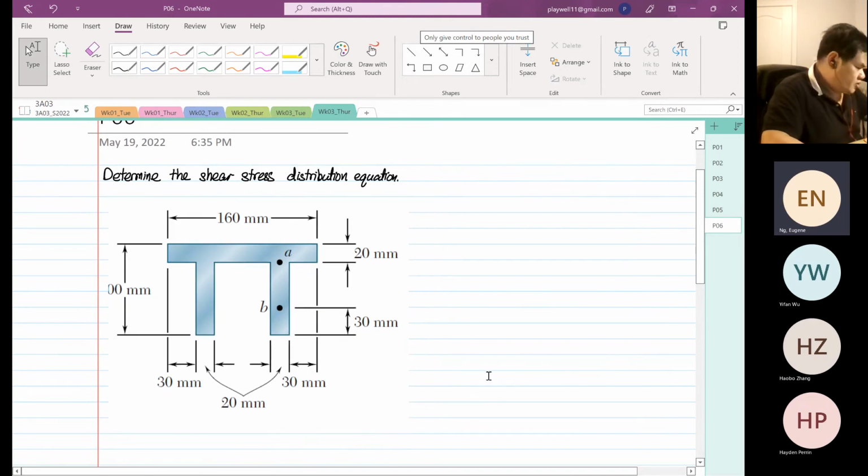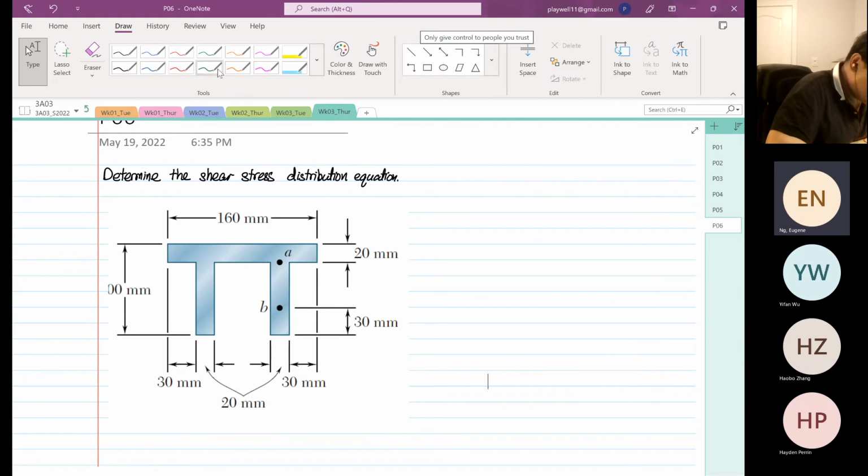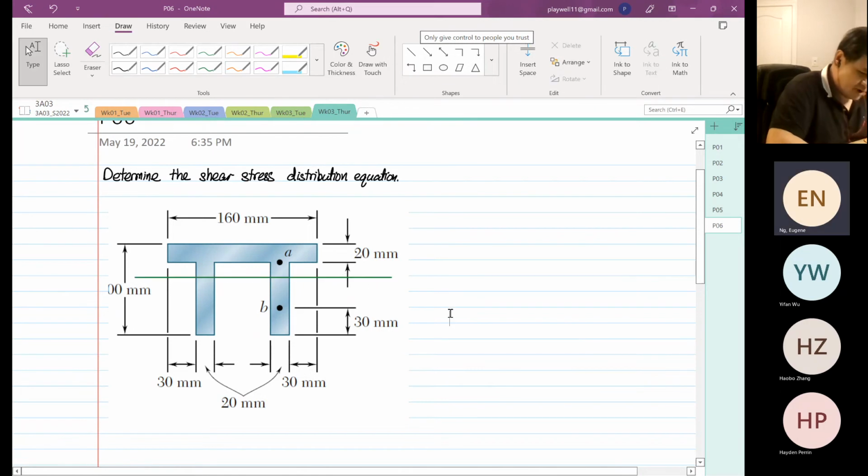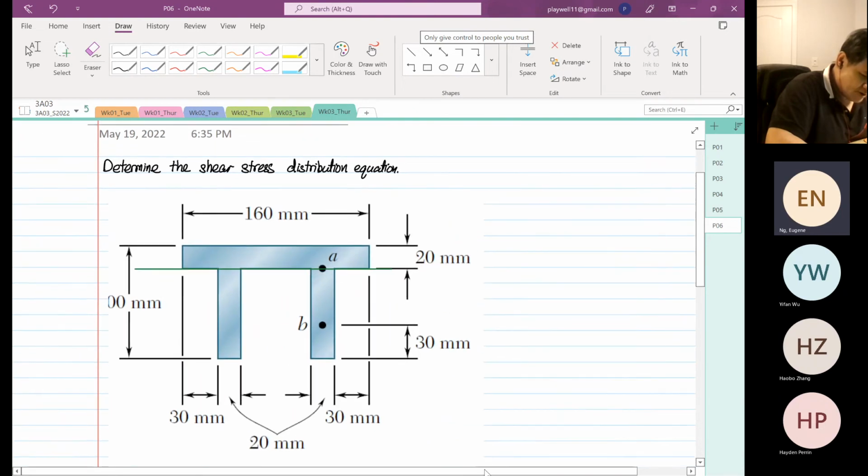I'm going to sketch our global centroid over here. Let me increase the size of this diagram, I think it will help us a lot.